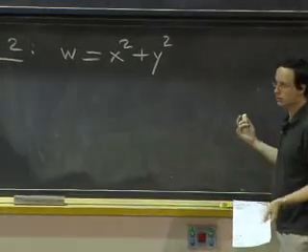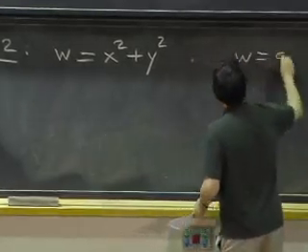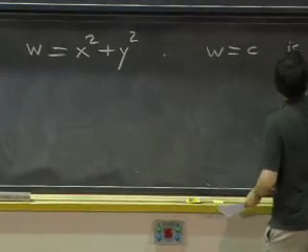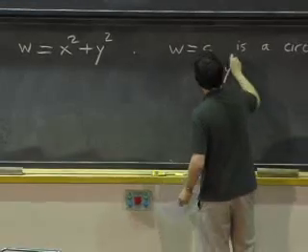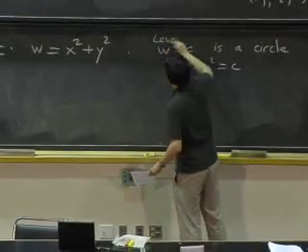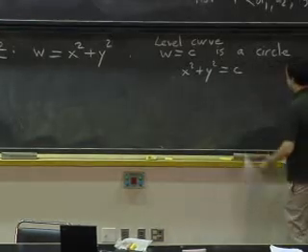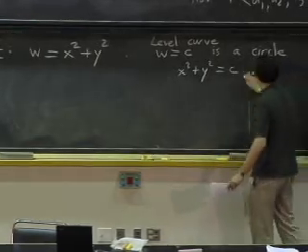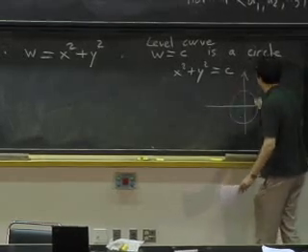Well, they're going to be circles. w equals c: x squared plus y squared equals c. So I should say the level curve is a circle. So the contour plot looks something like that.